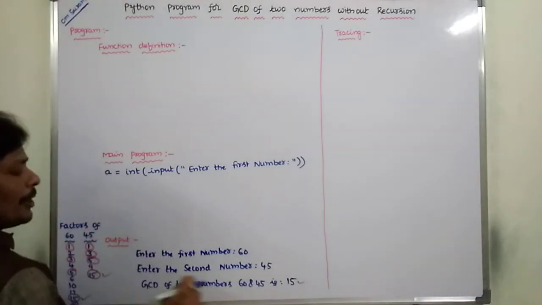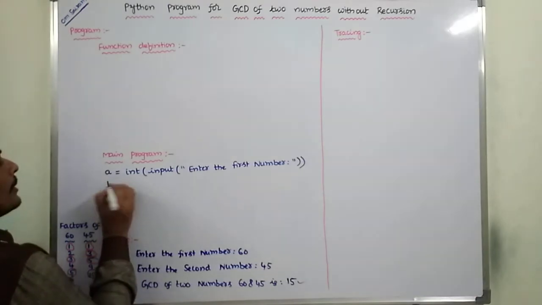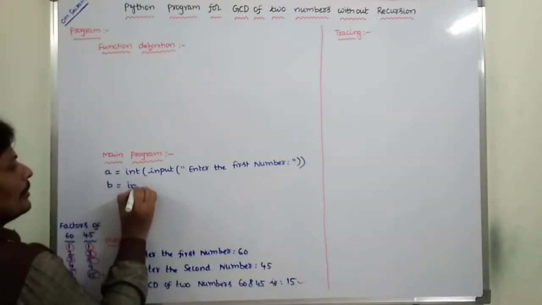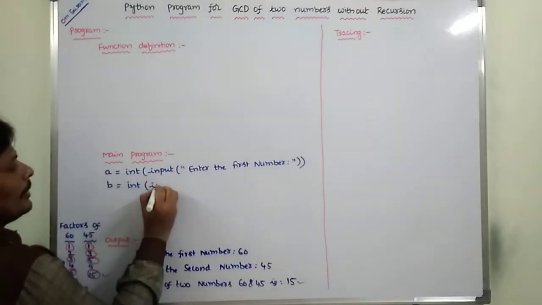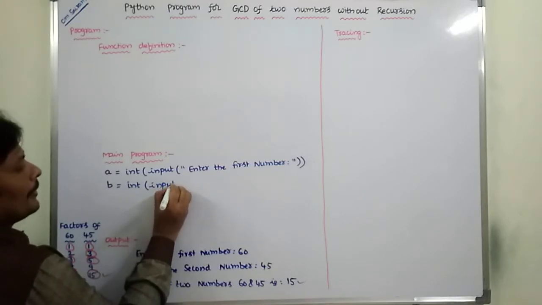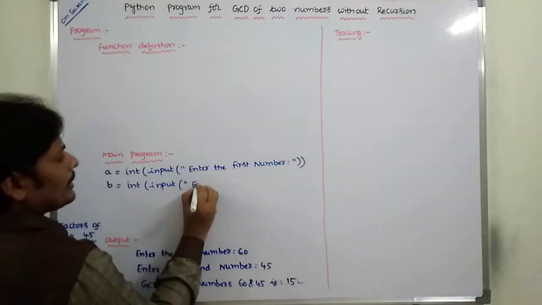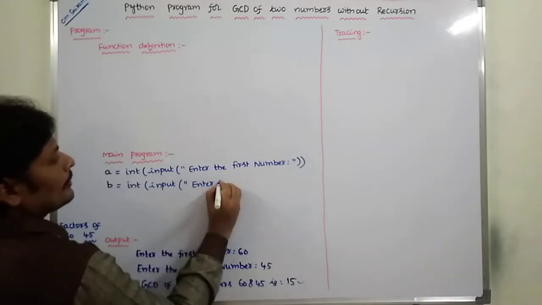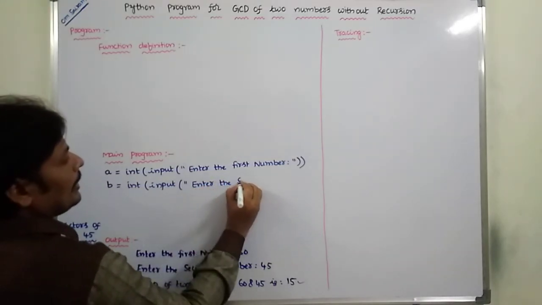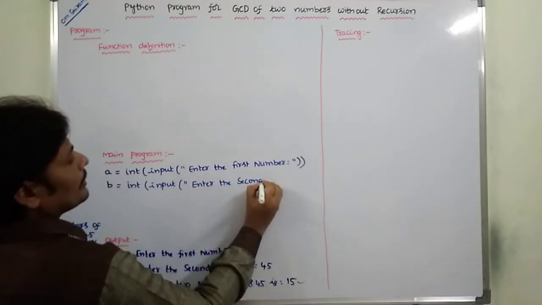Okay, next we go for entering the second number. b is equal to int of input of "Enter the second number".